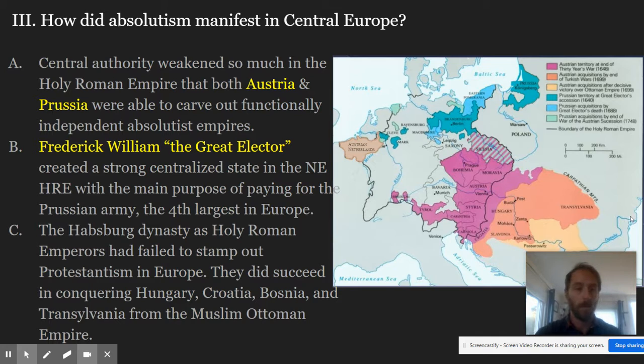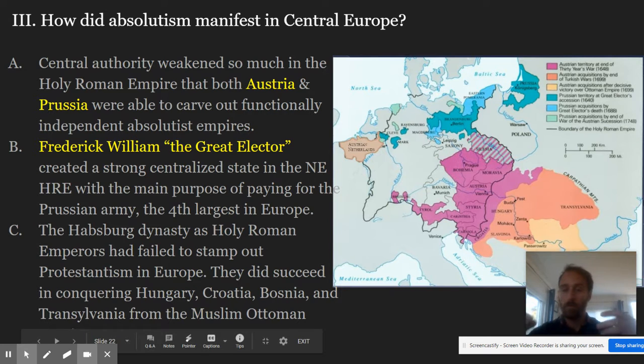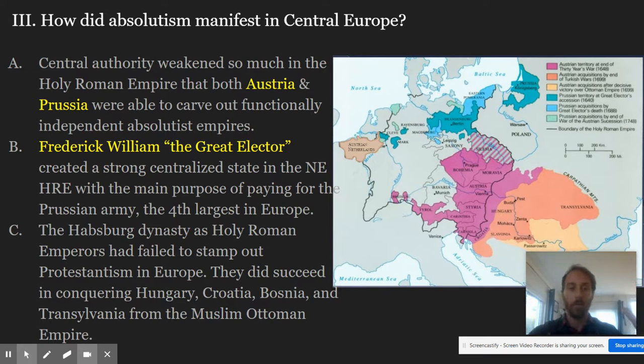The Habsburgs in Austria managed to expand the country of Austria, which is, the crown of the Holy Roman Empire is in Austria. So nominally, the rulers of Austria are the rulers of Prussia, but because of the Peace of Westphalia in 1648, at the end of the Holy Roman Empire's war of religion, they no longer have control.